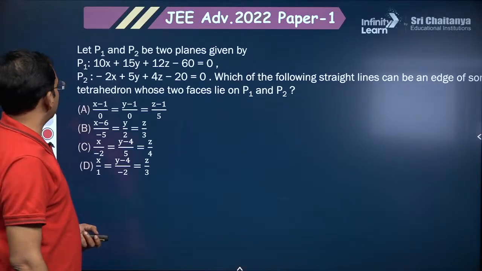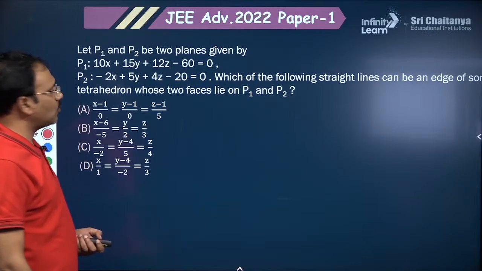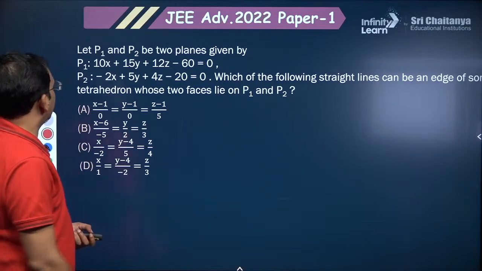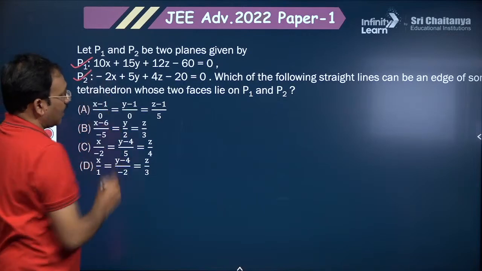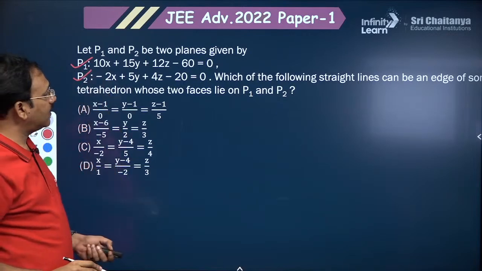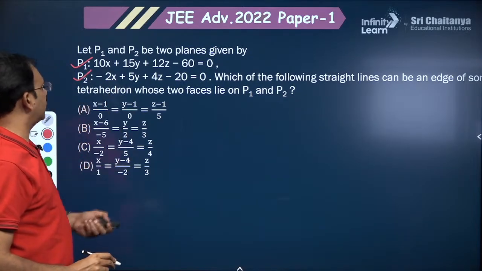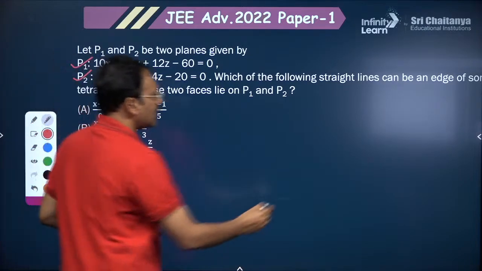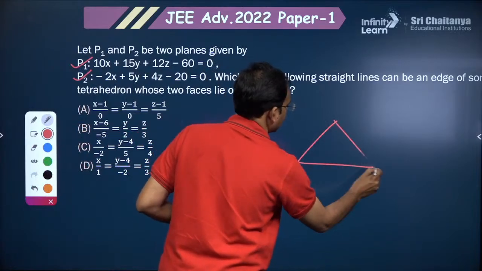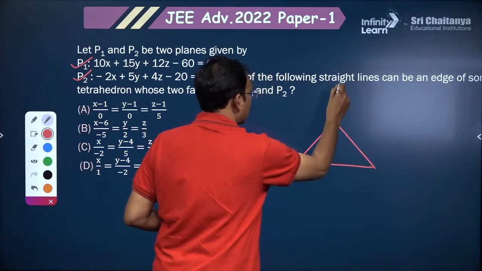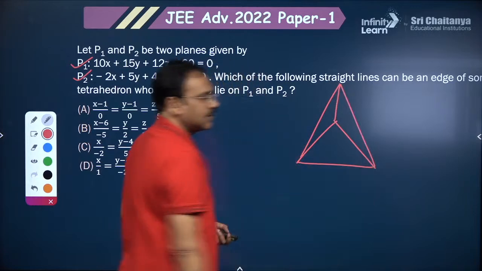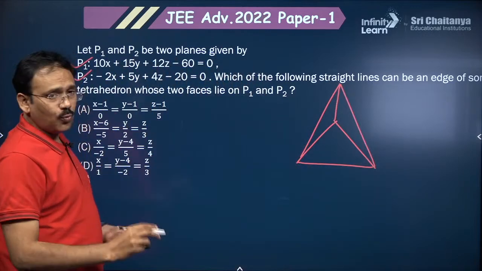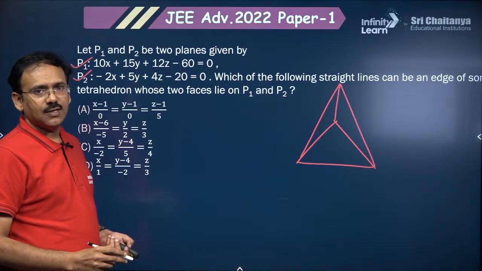Next, see this question. P1 and P2 are two planes given by this. Which of the following straight lines can be an edge of a tetrahedron whose two faces lie in P1 and P2? Friends, if you take a tetrahedron, suppose this is the base and here you join. Two planes are already given.